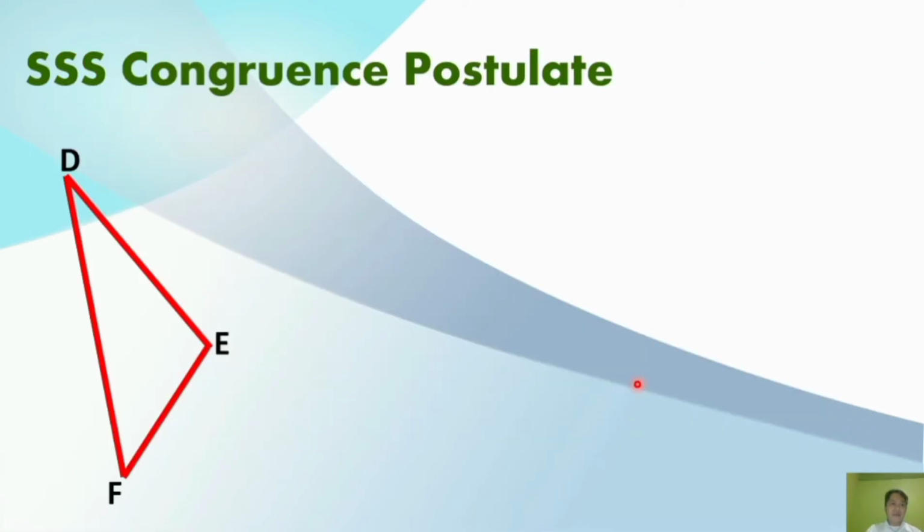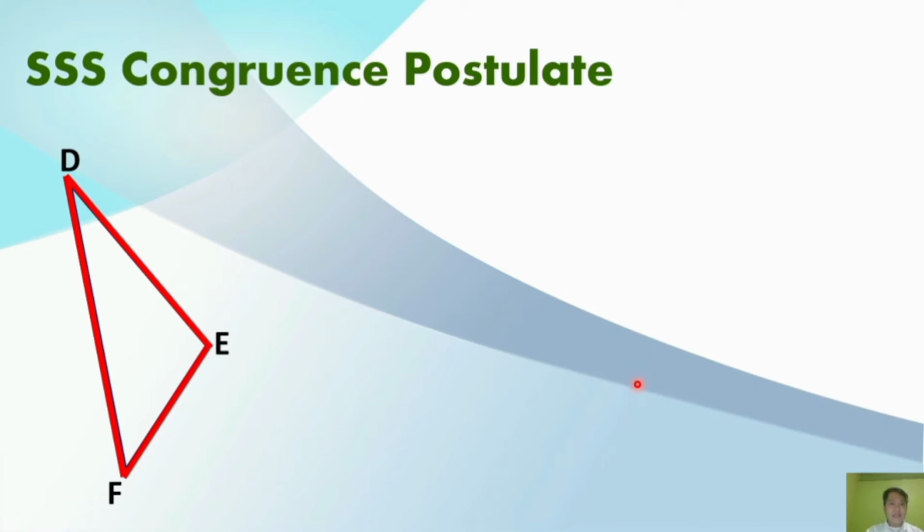Suppose we have triangle DEF, the red triangle, and another triangle, the blue triangle. What have you observed with the 2 triangles? Yes, you are correct. Your observation is correct that the 2 triangles overlap with each other, meaning their vertices and their sides coincide with each other.